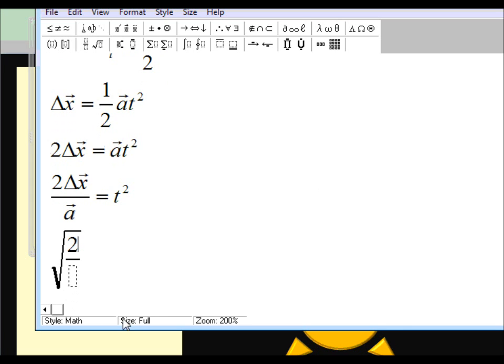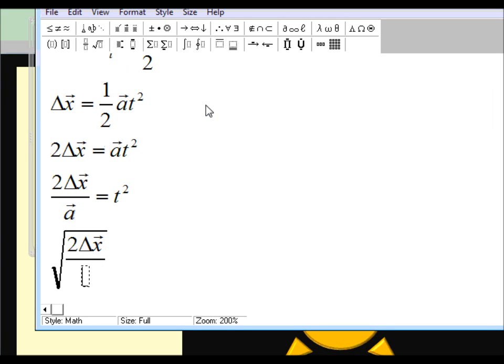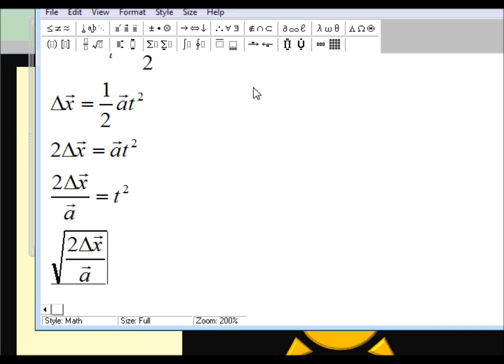So square root of 2 times delta x over acceleration equals, and if we take the square root of the right-hand side, we just have t.